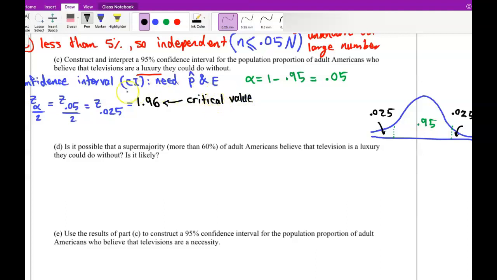Then we should calculate the E, so based on what I have here, I should find E and P hat.